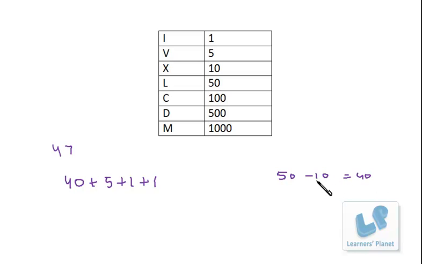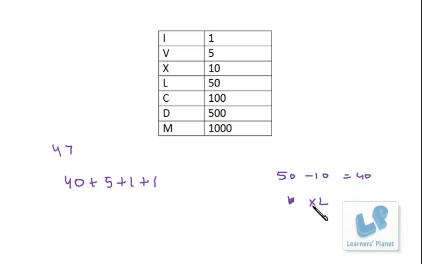Now if I wish to deduct 10 from 50, first of all, I have to find out the representation of 50, that is L. And if I wish to deduct 10 from L, then I have to write the symbol of 10 on the left side of L, that is X. So if X is written on the left side of L, then this number will represent the difference of 50 and 10, that is 40.